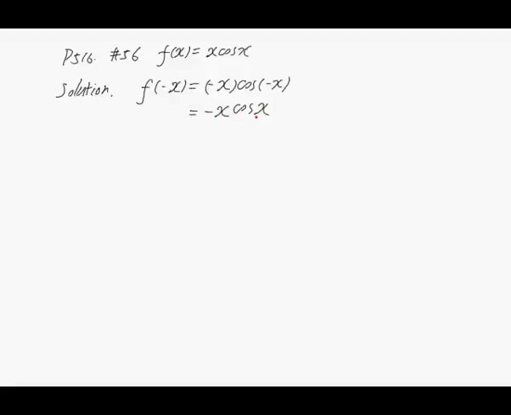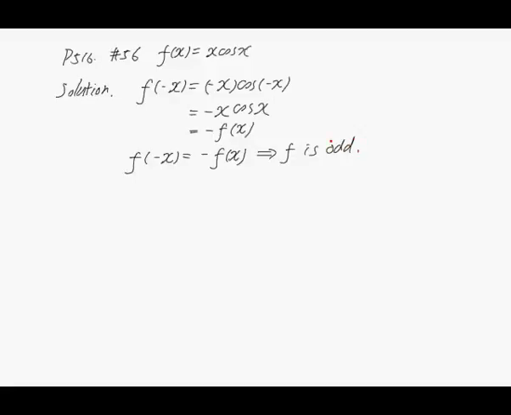This part is just f of x, right? So you have negative f of x. That means you have f of negative x equal to negative f of x for all x. And this just implies f is odd.